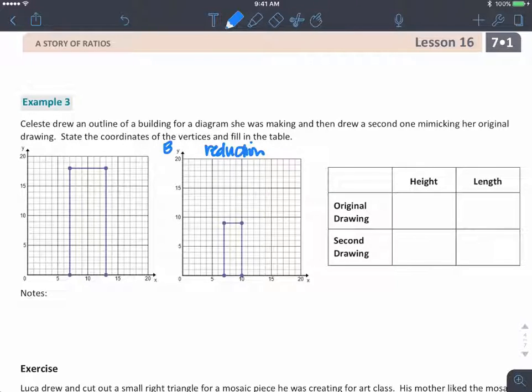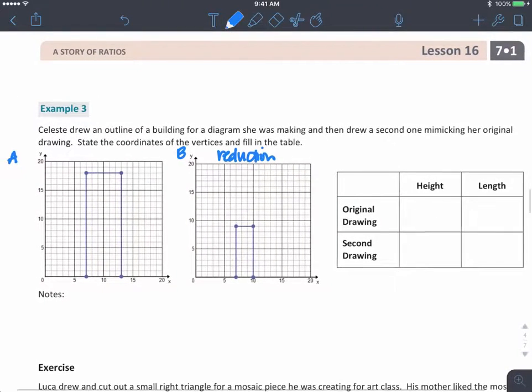So on A, we know that this point up here has coordinate pairs of 5, 6, 7, and 15, 16, 17, 18. And this one is 13 and 18.